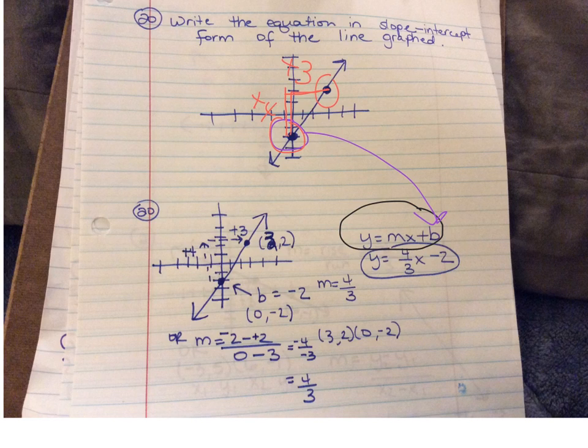So if you notice down here at the bottom, I wrote them down, (3, 2) and (0, -2). I used the slope formula, -2 minus 2 over 0 minus 3, and I also get the slope of 4/3. Now you don't have to do both ways, you can do the way you want, but no matter which way I find the slope, it goes in for m, so the equation is y equals 4/3 x minus 2.